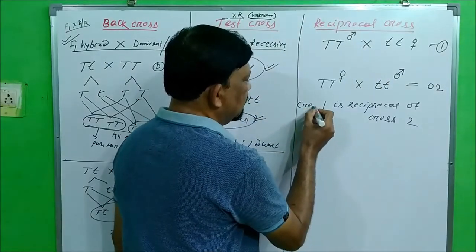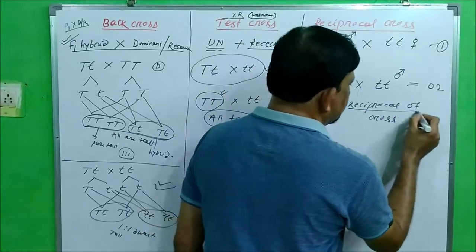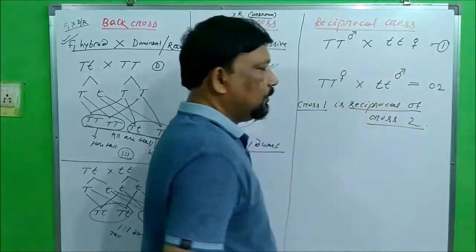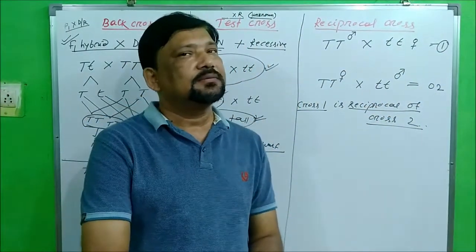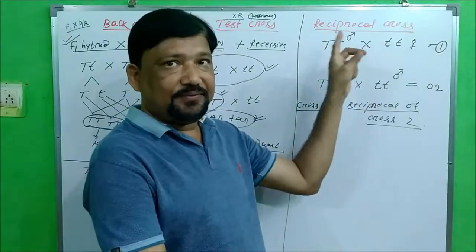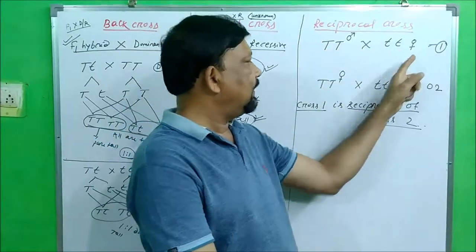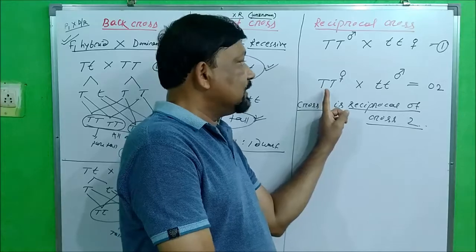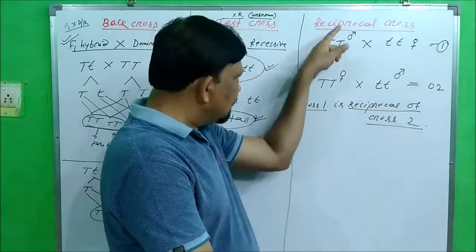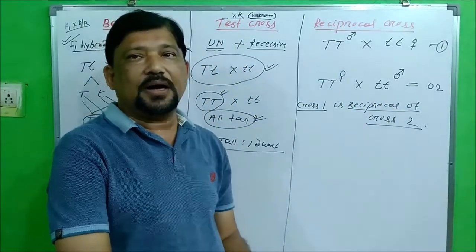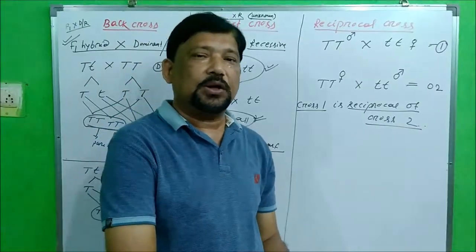So cross 1 is reciprocal of cross 2. Only you change the sex of the parents. In the first cross this is male and this is female, and in the second cross the sex is reversed, and these two crosses are called reciprocal cross.